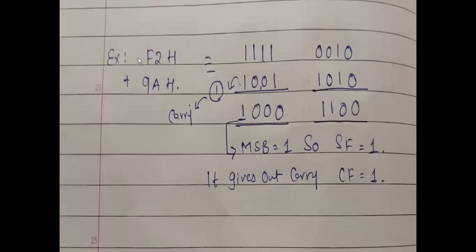For example, I'm adding two 8-bit numbers, F2H and 9AH. Considering only the MSB, as the MSB is 1, the sign flag is equal to 1. Again, in this operation it is giving out a carry, so the carry flag is set as 1.